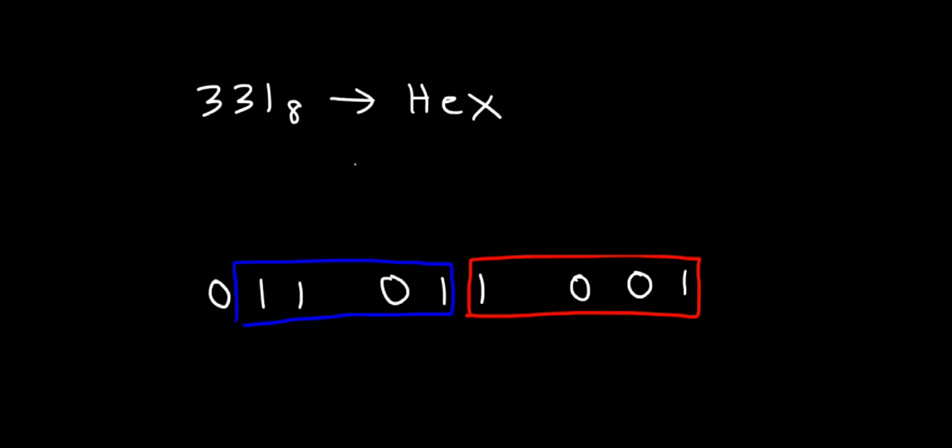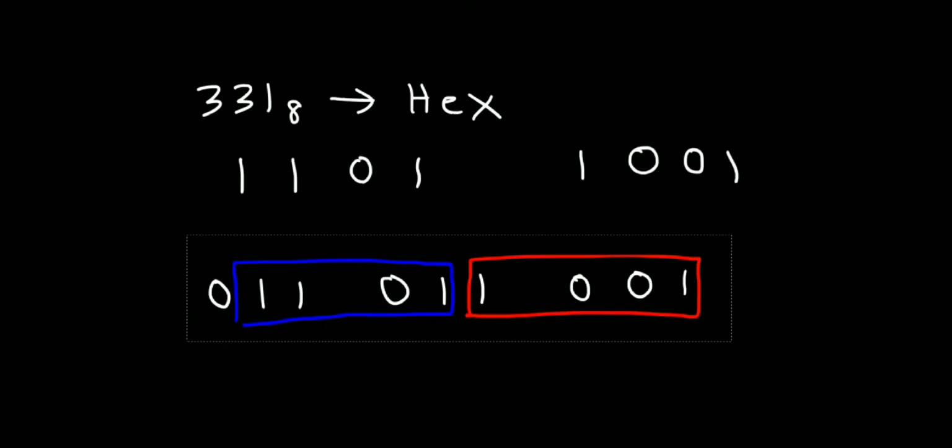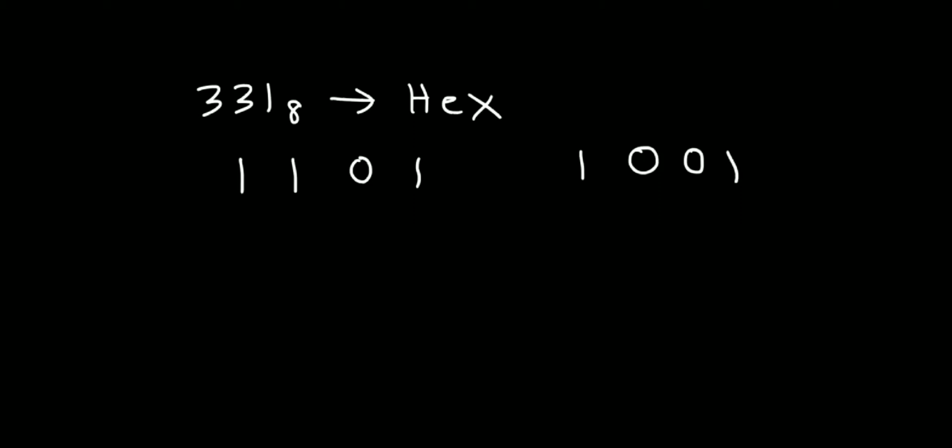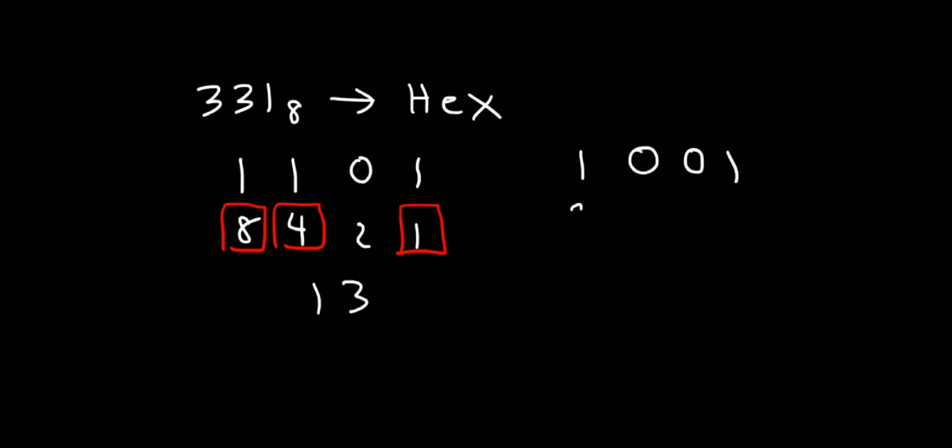Now you will write the positional values for these numbers 1 1 0 1 and 1 0 0 1. So 8 4 2 1 you will write just below these numbers, or you can use 2 to the power 0, 2 to the power 1, that is the same. In this you can see 8, 4 and 1 are the valuable numbers, and 2 will be multiplied by 0, so it will be 0. So 8, 4 and 1 we will add, so it will be 13.